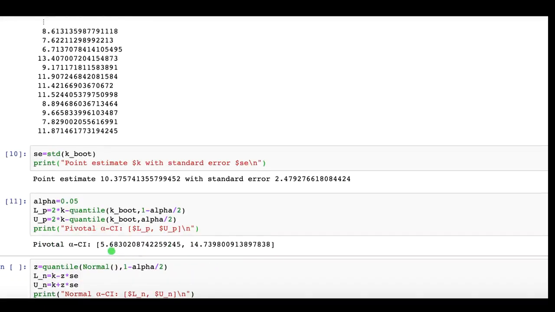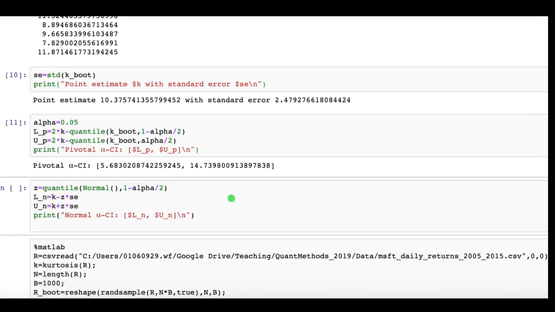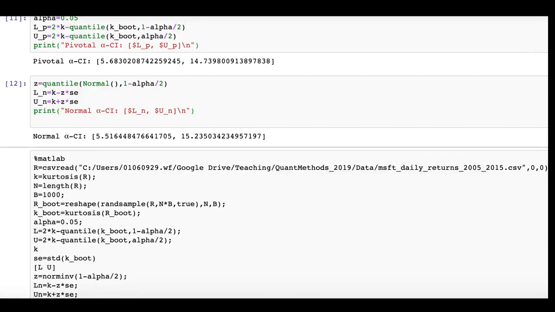And that gives us pivotal confidence intervals of 5.68 to 14.73, which is quite wide. We can also obtain the normal intervals using the normal distribution, assuming that the estimator is asymptotically normal, and this gives us confidence intervals that look like this.